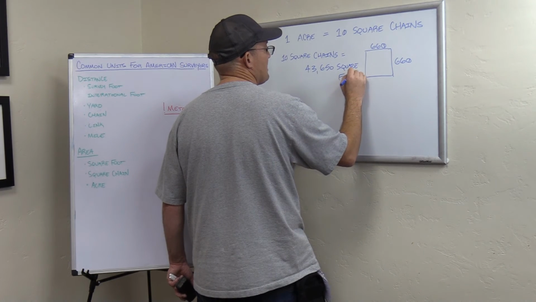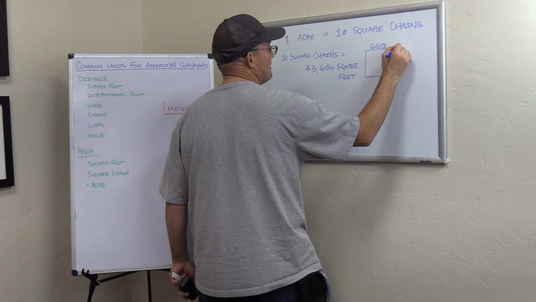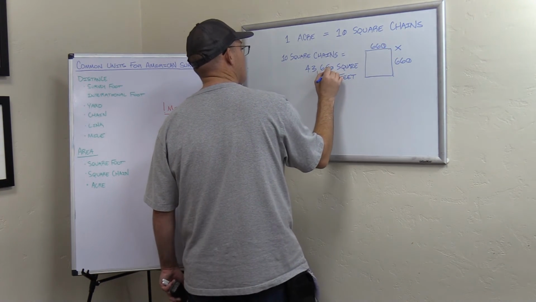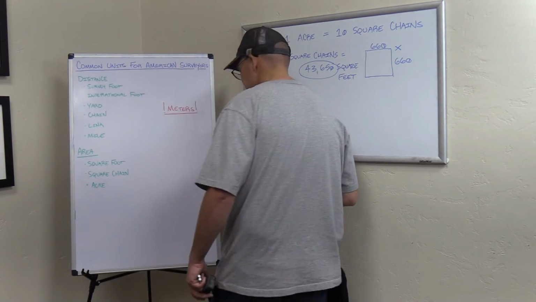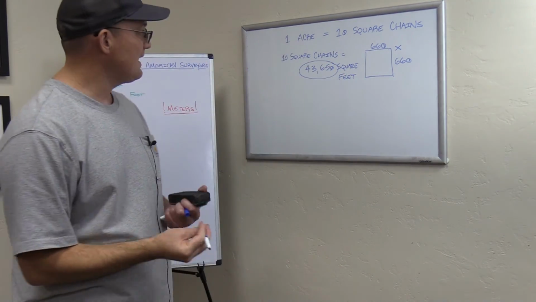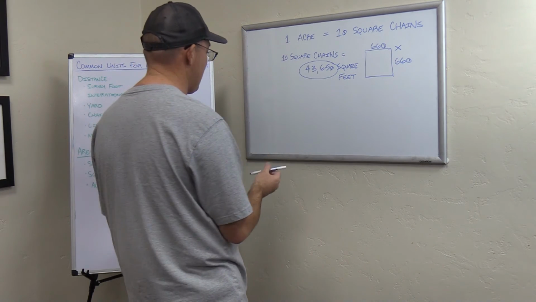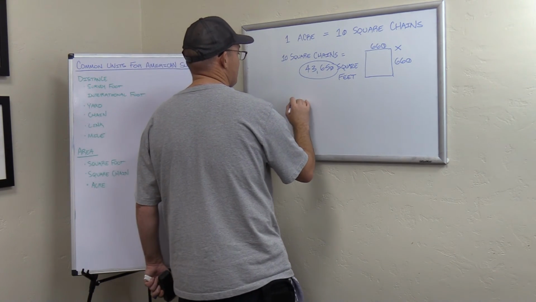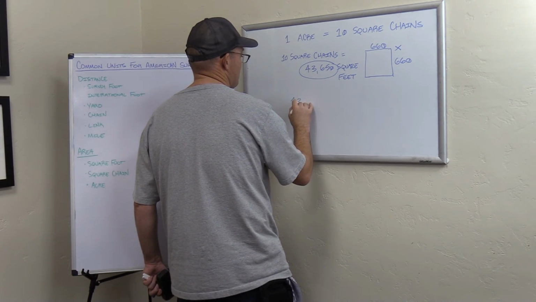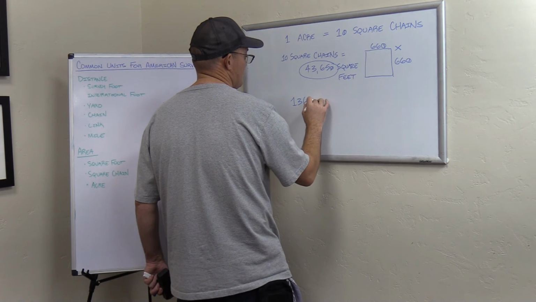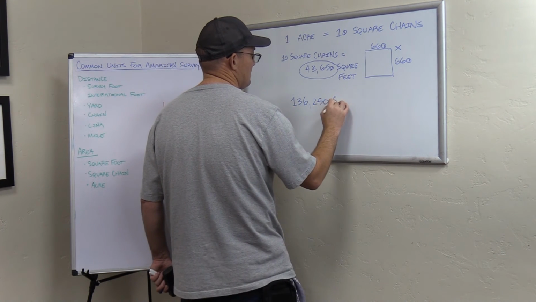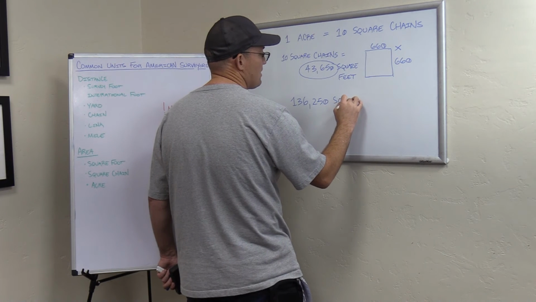And if you take 660 times 660, that's the number you get, 43,650. Now the most common calculation I do with acres in surveying is I take some large number in square feet, so let's say 136,250 square feet, and we want to know what that is in acres.